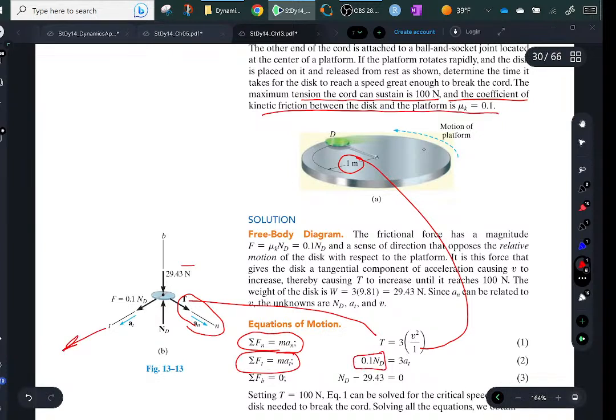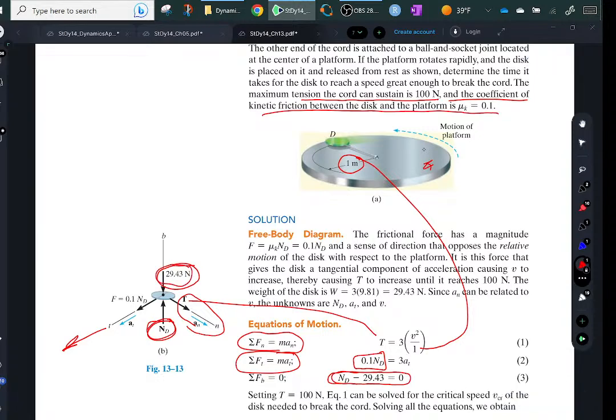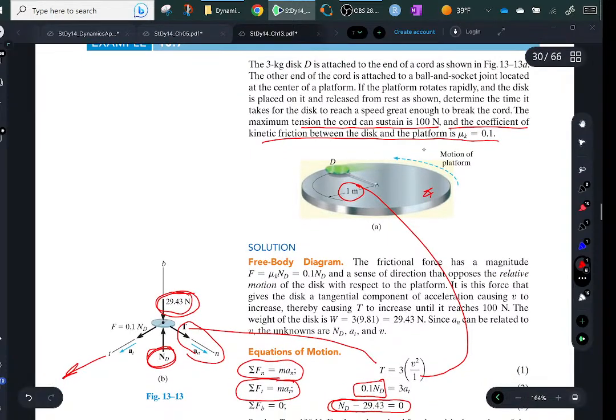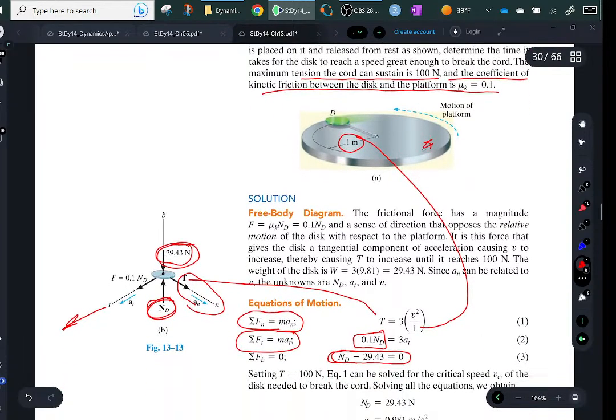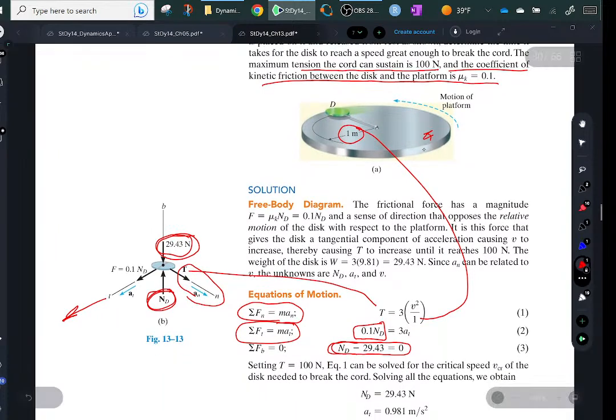So his normal to the disk equation tells you that this is equal to that. So I don't know what the mass of the thing was. Oh, sorry, 3 kilograms. And so then you just got 3 equations.